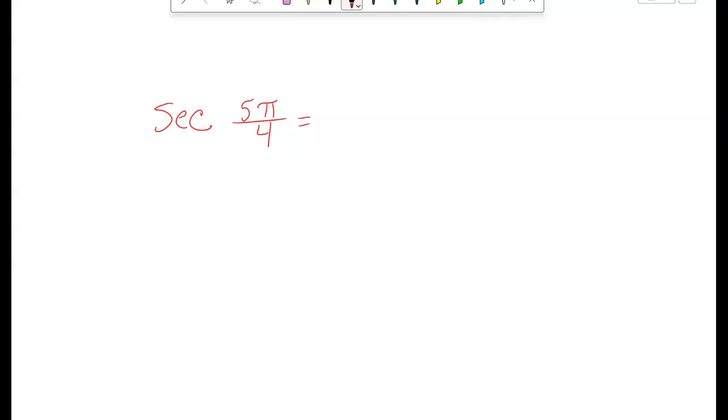Just rationalize, otherwise it's perfect. Rationalize, you got it. Think about what's your reference angle on that one? Just rationalize and you got it.